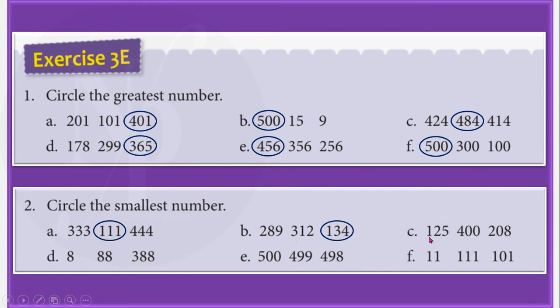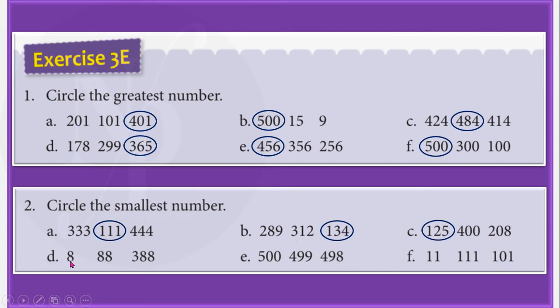C, 125, 400, 208. So the number 125 is having 1 in hundreds place, this is having 4, and third number is having 2. So when we compare 1, 4 and 2, we come to know that 1 is smaller than 4 and 2. Therefore 125 is the smallest among these three numbers.